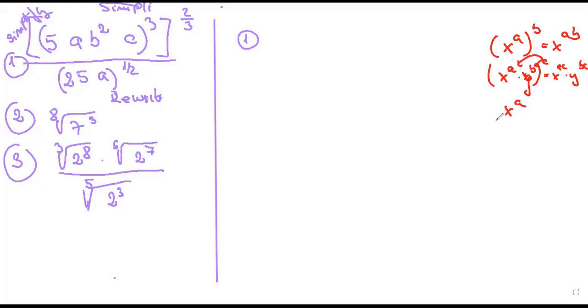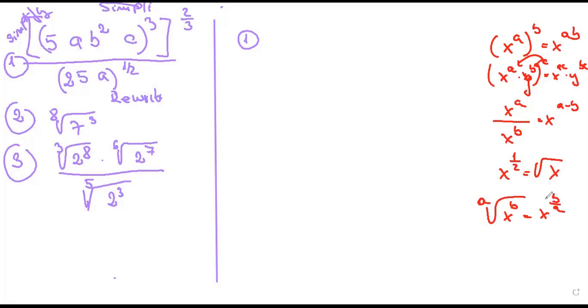X to the power of A over X to the power of B is X to the power of A minus B. X to the power of 1 over 2 is the square root of X. The A-th root of X to the power of B is X to the power of B over A. I think this is all that we are using here. So this is the theory, okay?